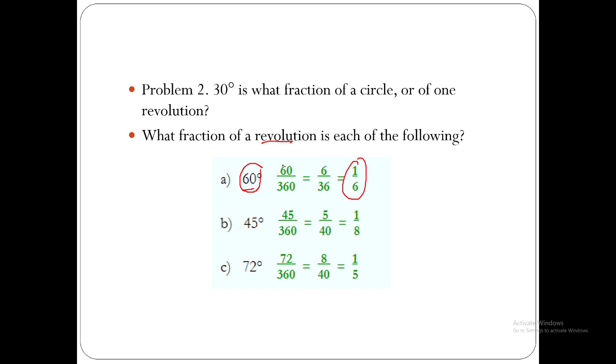Which means that 60 degrees is 1/6 of a revolution. Meaning, in one revolution, it rotates in sixths. For example, 60 degrees, then another 60, that's 120, right? Another 60, so 4, then 5, then 6. So that's 1/6 of a revolution in 60 degrees.